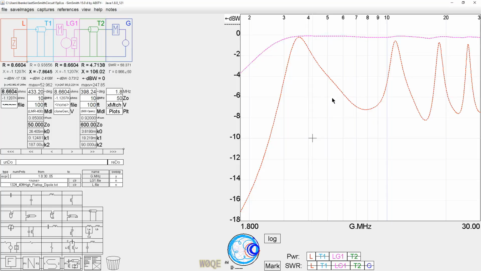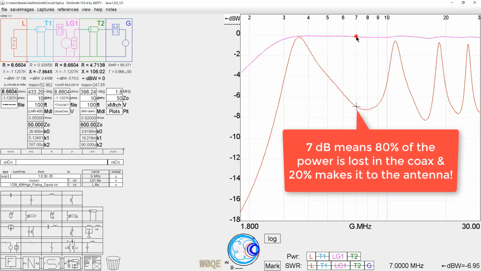What about on the frequencies where this dipole is not an odd multiple of half wavelengths? Like 7 megahertz, it's an even multiple. At 7 megahertz, the LMR 400 would have a 7 dB loss roughly, and the open wire line would have about 0.2.